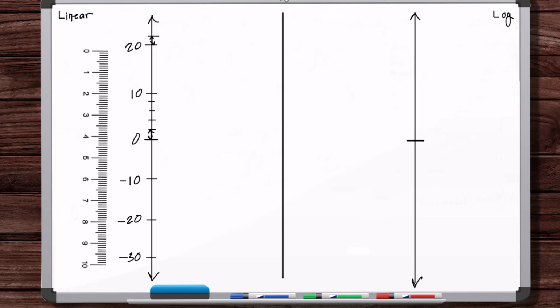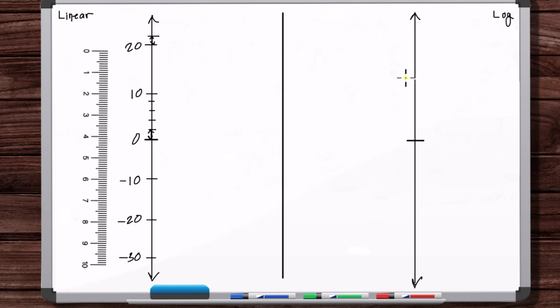And I wanted to go through the linear scale in detail, because there's going to be a lot of parallels to how we just talked about the linear scale with the logarithmic scale. The way we just broke down the linear scale is going to be very similar to what we're going to do here with the logarithmic scale.